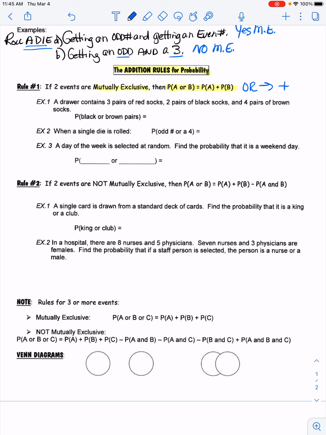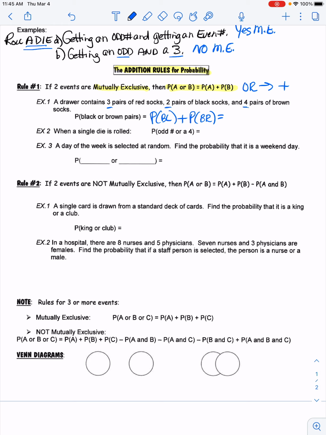Well, can you be black and brown at the same time? You're going to say, well, no. So the total pairs of socks up here, if you add them up, 3, 4, 5, and another 4 makes 9. So we want to do probability of black sock plus probability of brown sock.